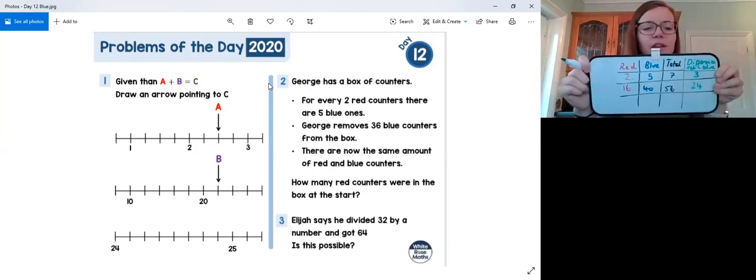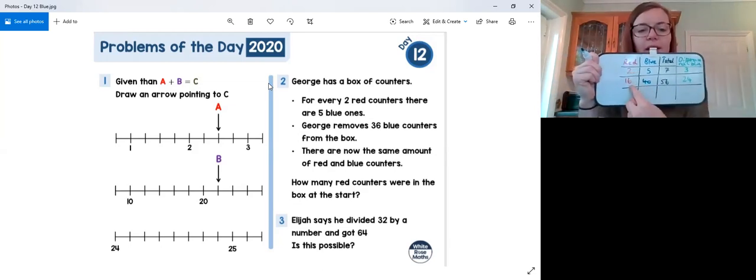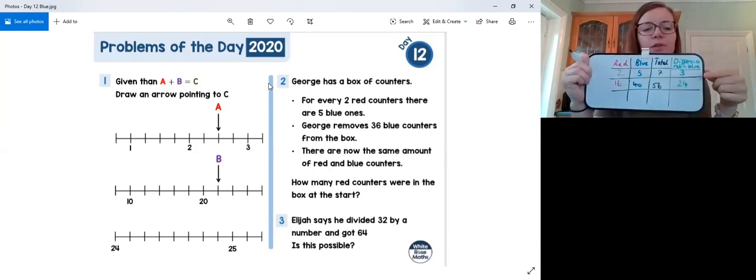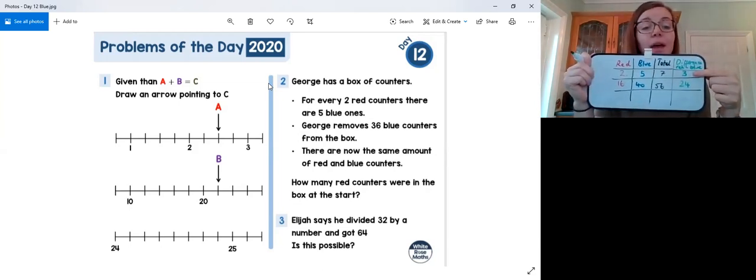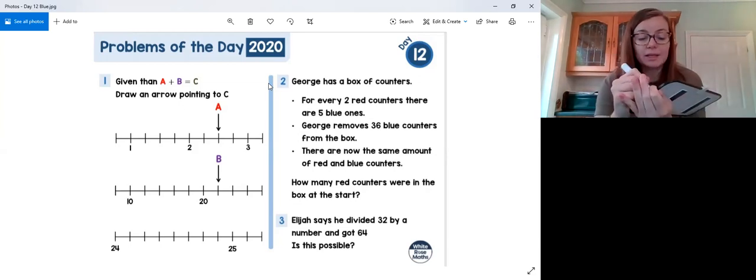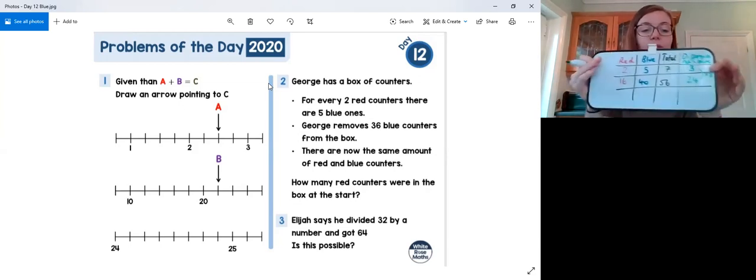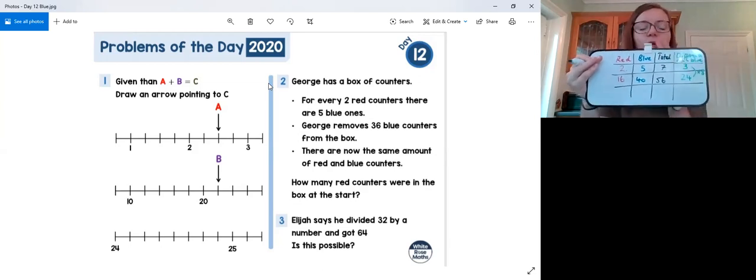Now, do we notice anything about the fact we timesed this by 8, and we timesed this by 8, and we timesed this by 8? What's happened to our difference? It has also got 8 times bigger. 3 times 8 is 24.